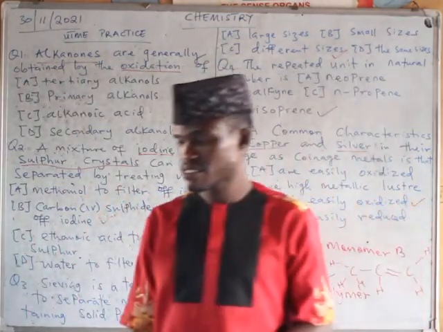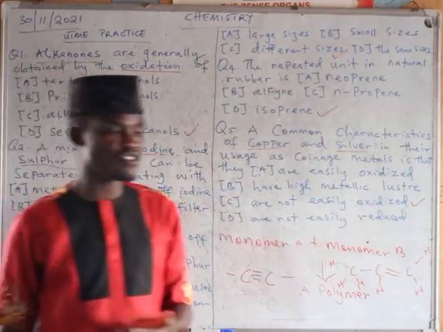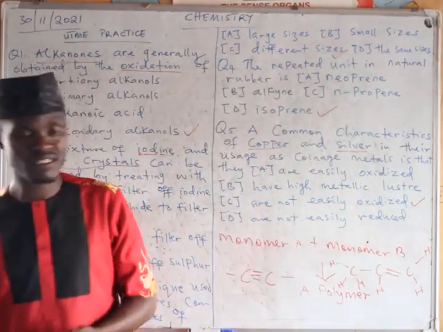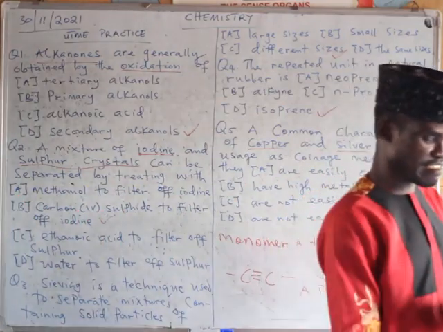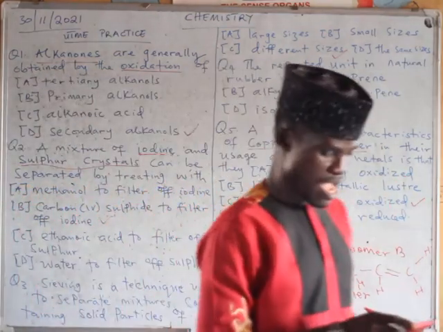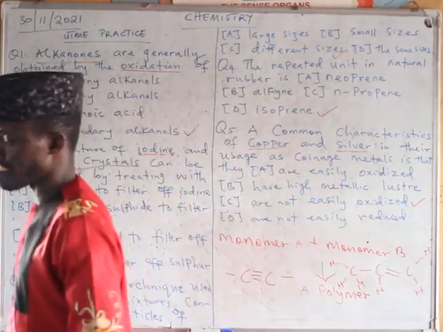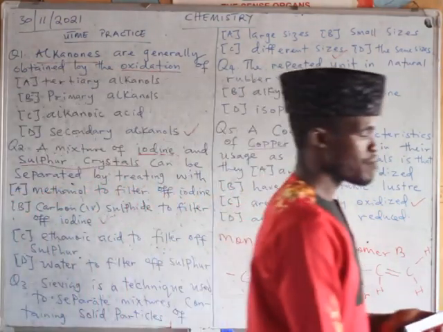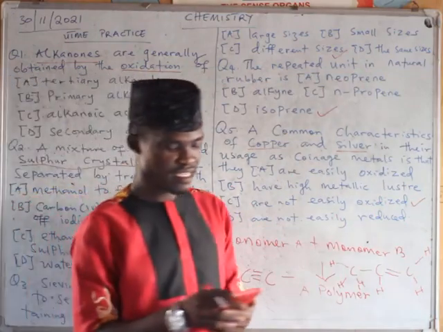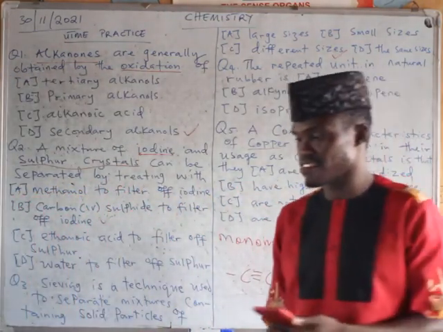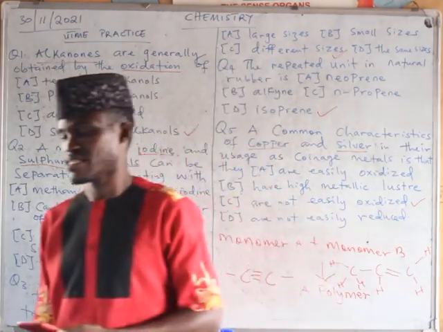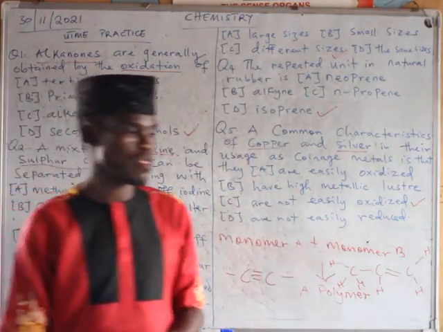A form of carbon used for absorbing poisonous gases and purification of noble gases. Option A, carbon black.